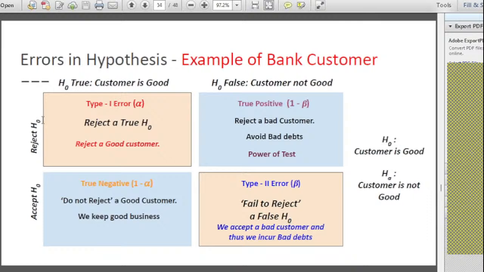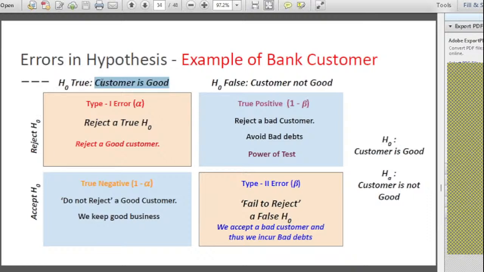They reject a good customer and say you are not a good customer, maybe expecting that you might default, so they don't give you a loan. You are a good customer, you don't have such intentions, and H0 is true.